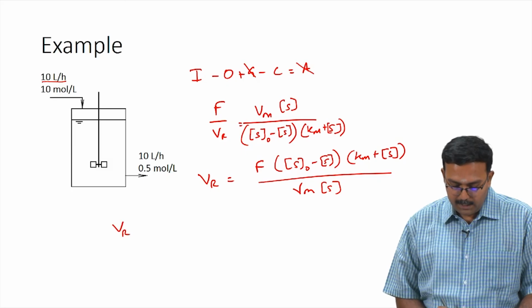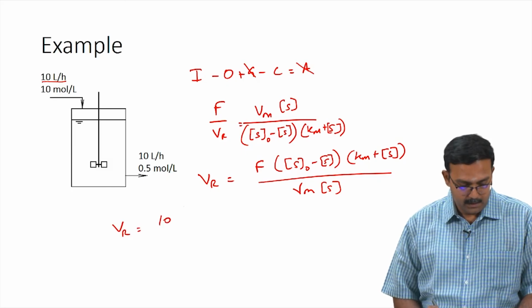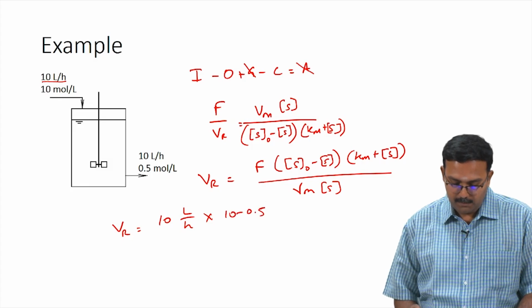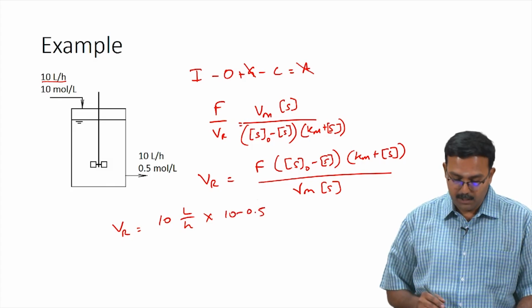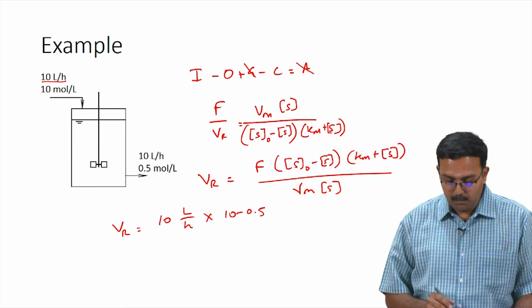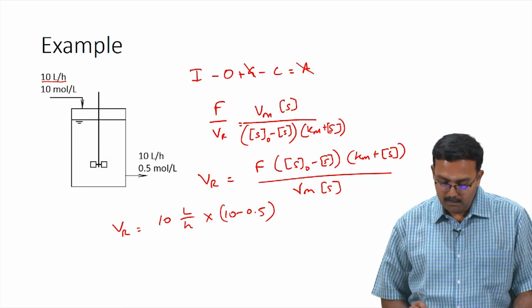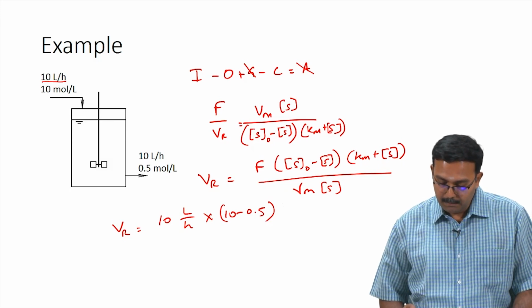So, let us write down all these values. We will get Vr equals 10 liters per hour times 10 minus 0.5. So, we have 95% conversion, which means only 0.5 moles per liter of the substrate is leaving the system. So, you have the final substrate concentration as 0.5 moles per liter.